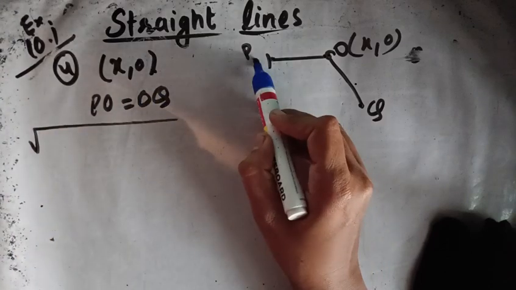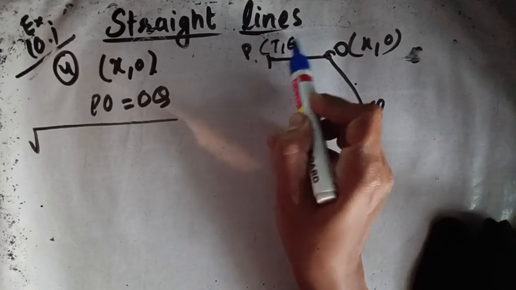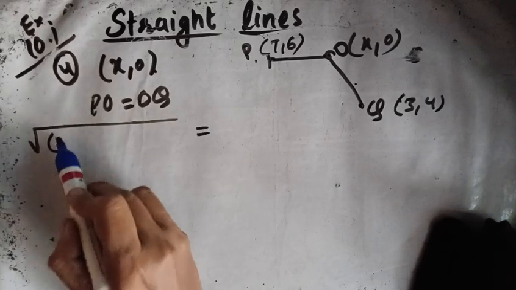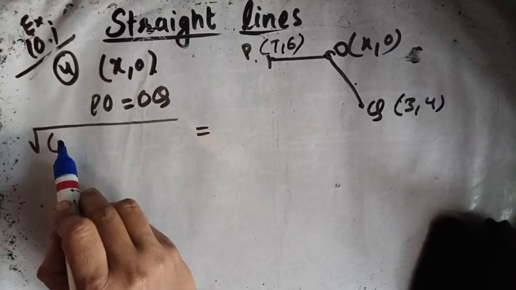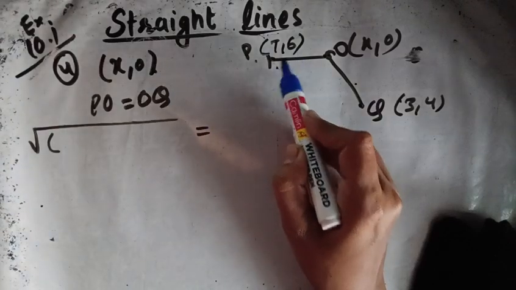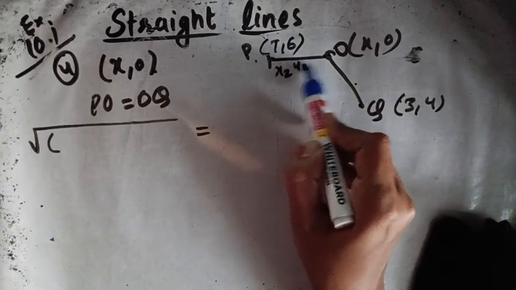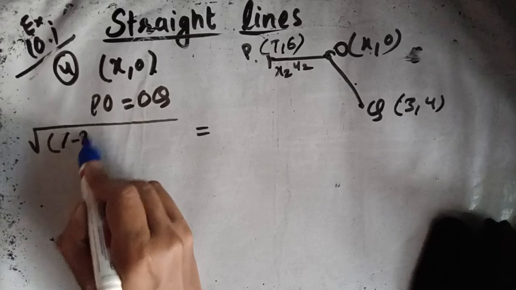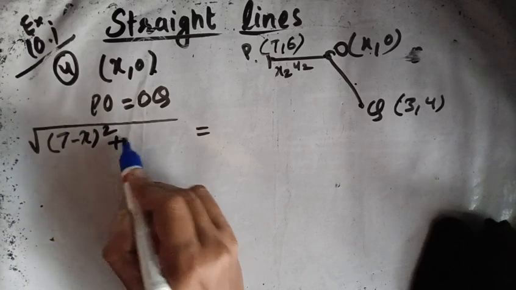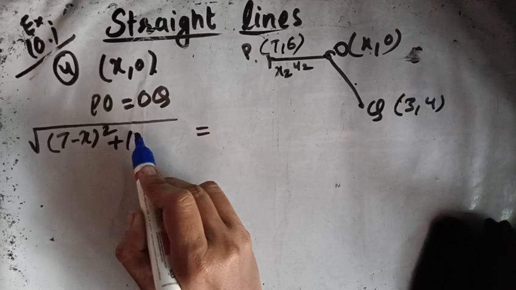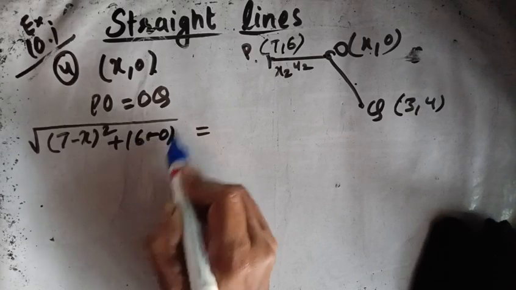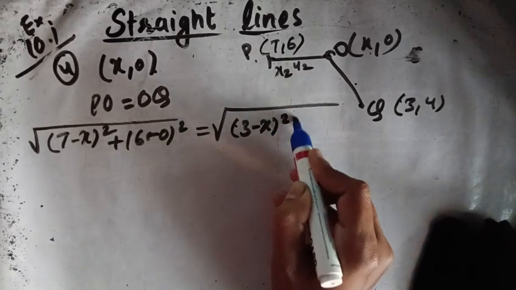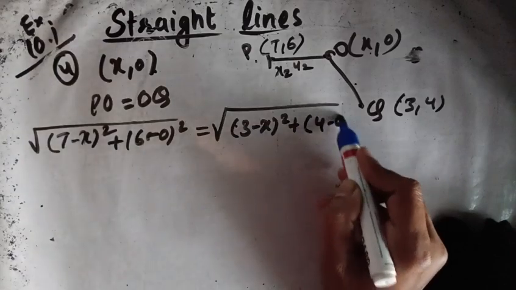Okay. So if I take this point given as 7, 6 and this point given as 3, 4. So x2, I'll take this as x2, y2. Okay. So x1 is x. 7 minus x plus 6 minus 0 equals 3 minus x plus 4 minus 0.